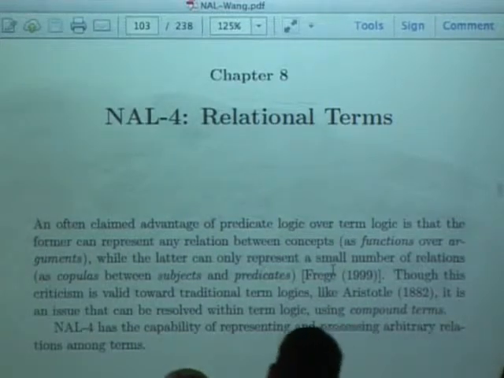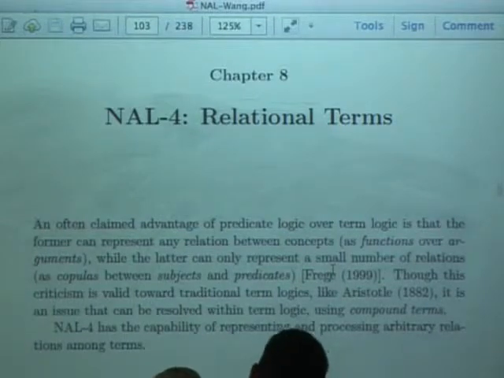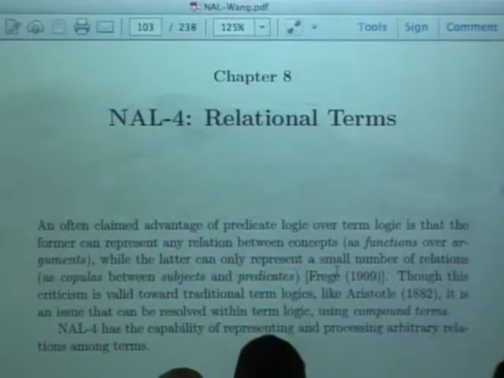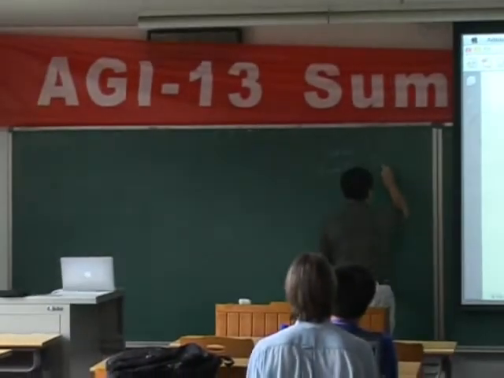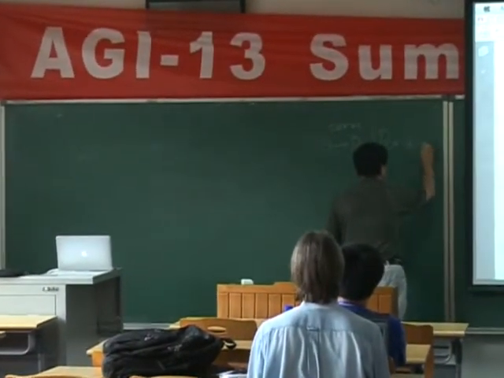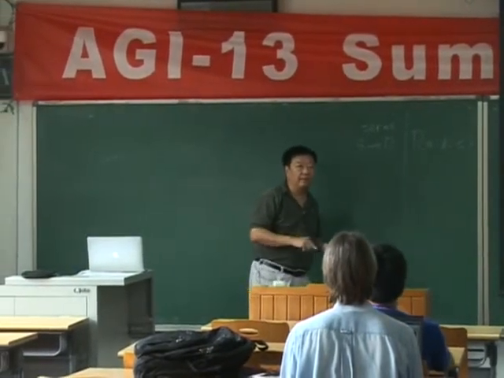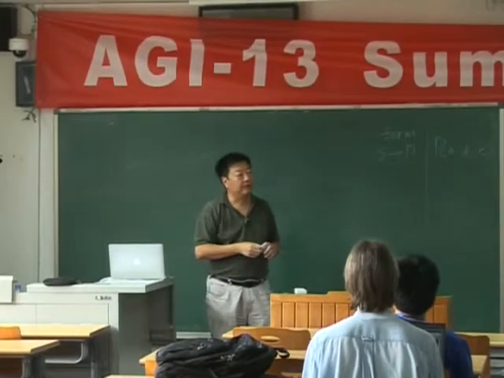I told you that one important property of term logic in terms of representation is to use the subject-predicate format. On the other hand, currently the dominating predicate calculus tradition uses a predicate name followed by an argument list, which is the form of the simplest atomic proposition.